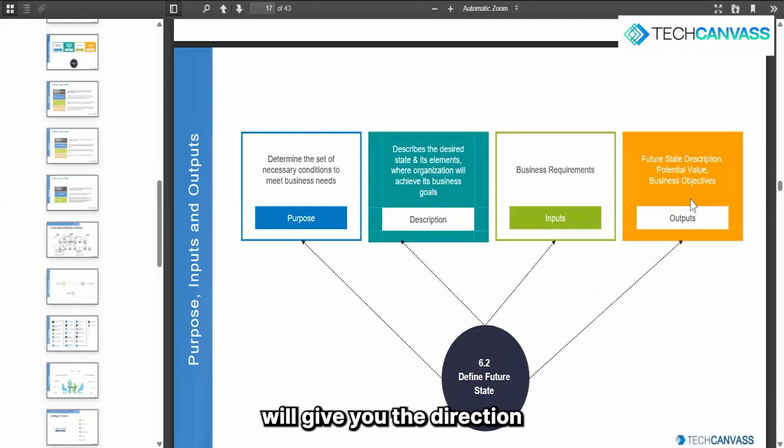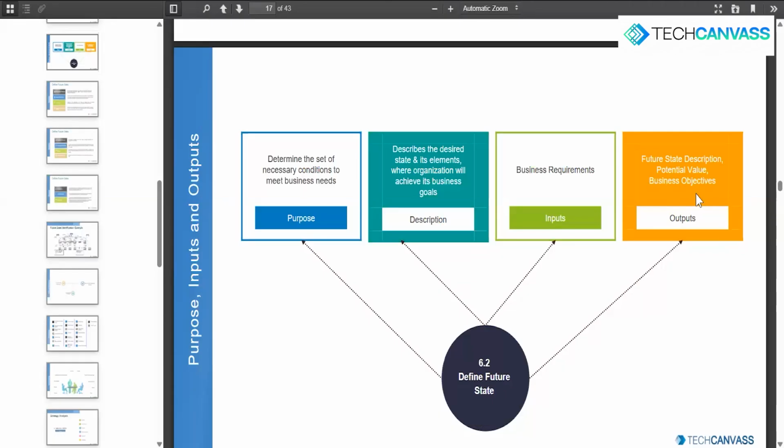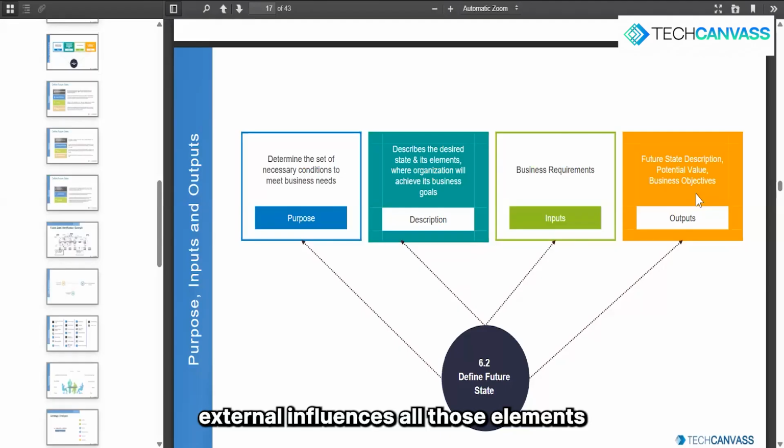Business objective will give you the direction that you wish to pursue. Potential value, we have already covered that. It can be in any form. And future state description will tell you the boundaries of the proposed new, removed, and modified components of the enterprise. The description includes your policies, resources, infrastructure, external influences, all those elements that we've got. That will tell you in detail about your future state description.